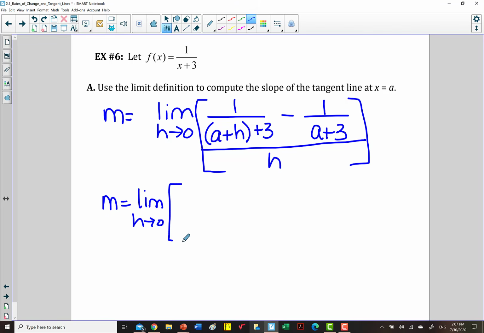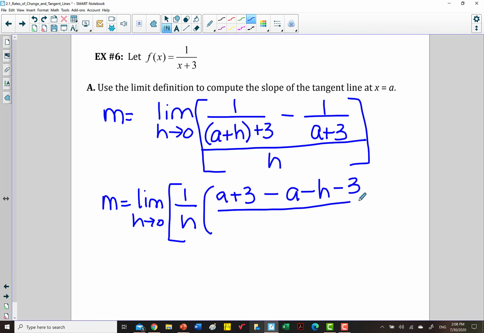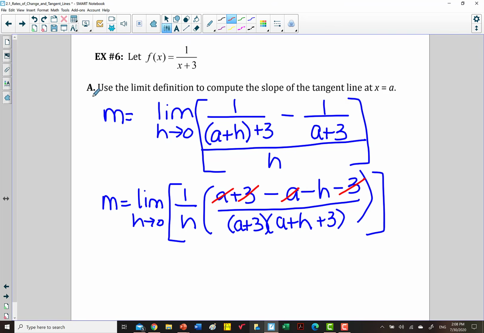We can pull the 1 over h out here and get a common denominator for the two fractions. How about a plus 3 minus a minus h minus 3 divided by the common denominator, a plus 3 times a plus h plus 3. Okay, cleaning up the top, you have a minus a and 3 minus 3.